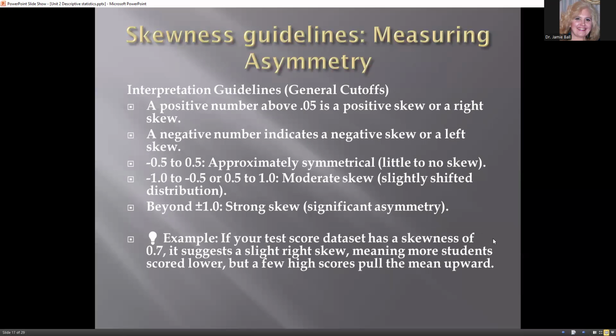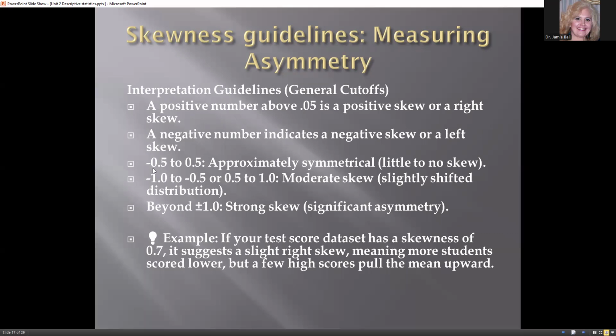Okay. So here are some interpretation guidelines if you actually generate a statistical number from your descriptives. And we'll see an example of that data set at the end from the same student group I gave you. So a positive number above 0.5 is considered a positive skew or a right skew. A negative number indicates a negative skew or a left skew.